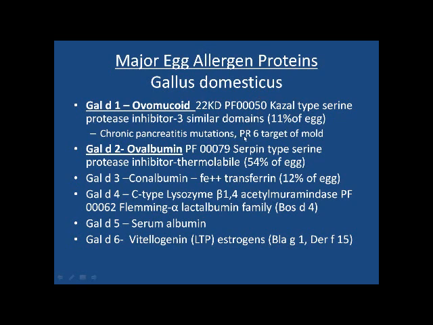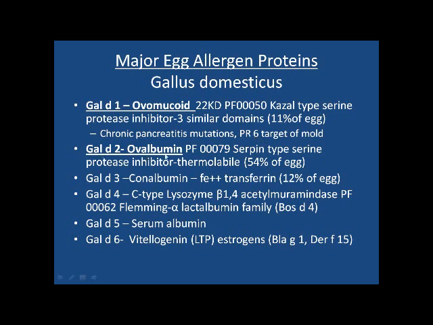It's also a pathogenesis-related 6 target of mold. Molds make a lot of proteases to digest the environment, and for plants to keep them from digesting them, they secrete a similar serine protease inhibitor that actually inactivates the protease.